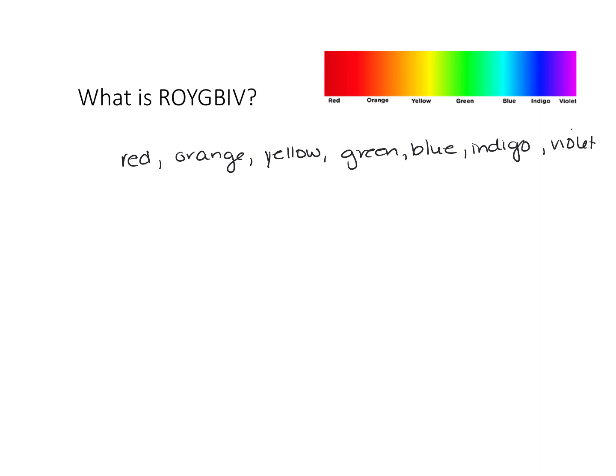Now, there are 7 colors here. Now, these aren't the actual colors of the rainbow, but they're a series of artificial categories developed by Newton.